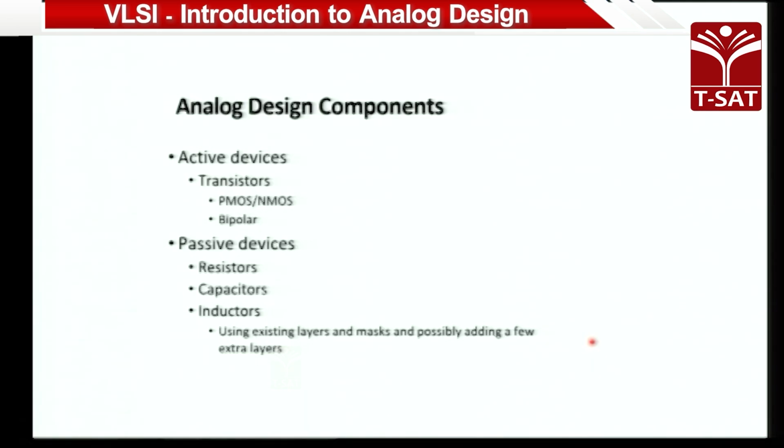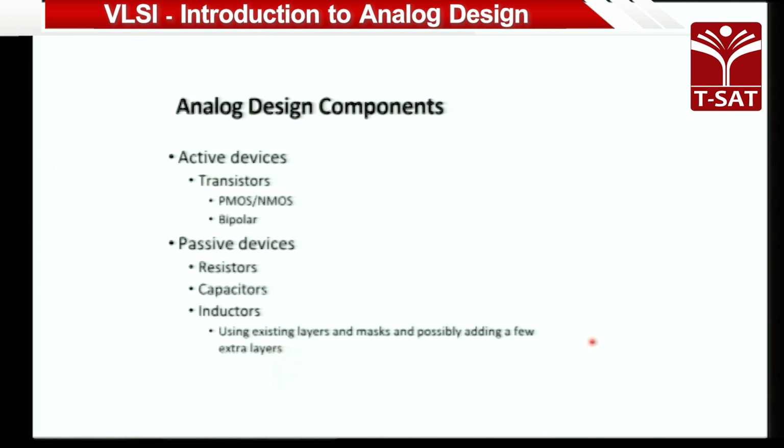Okay, so now let me take you through that part. Right now I have given you an introduction of overall what analog is, how analog is sitting in VLSI, and then I will go to components. Broadly, there are two kinds of components.